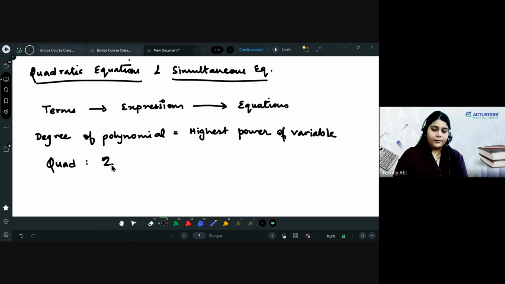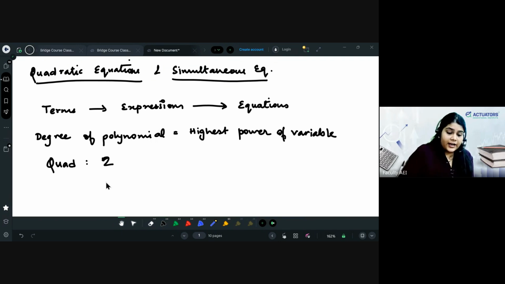Okay. And like we discussed yesterday, whatever is the degree of the polynomial, how many terms will there be? One more than the degree. Okay, because that will be for x to the power 0 या फिर the constant part.